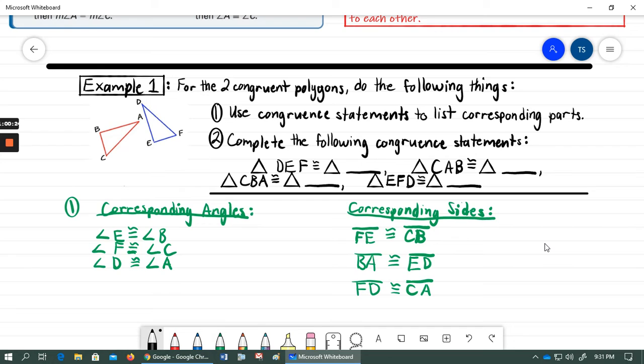So for this first one with triangle DEF, the part that goes with the vertex D is A, right? I want to write that in green. So A goes with D. The part that goes with E is B, and the part that goes with F is C, right? So if we complete this statement here, it would be triangle ABC.